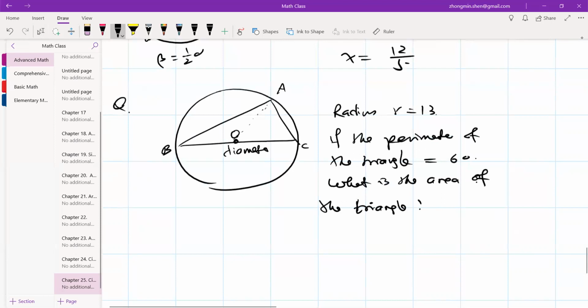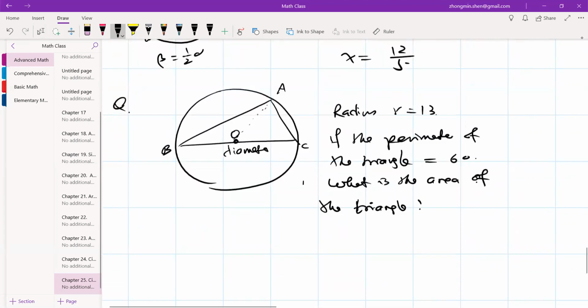area of the triangle. How to find the area of the triangle? Can you find A and C and B?